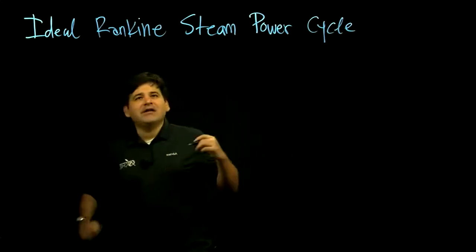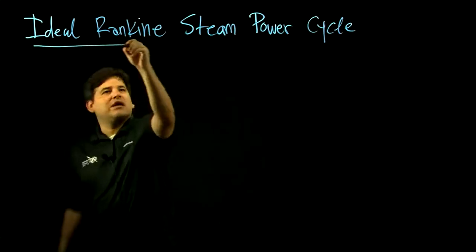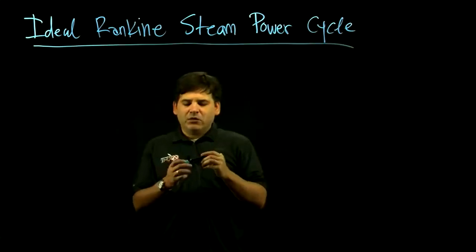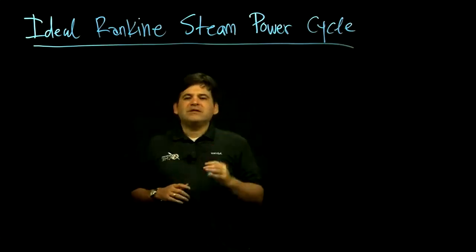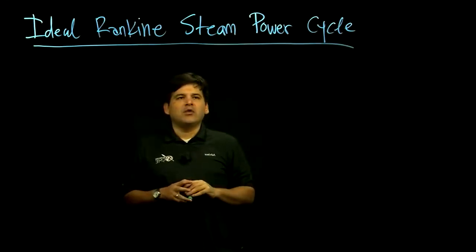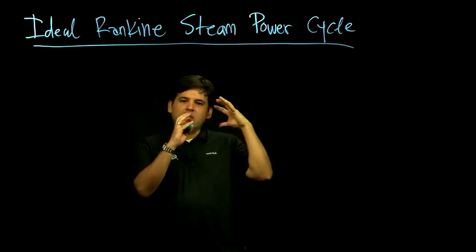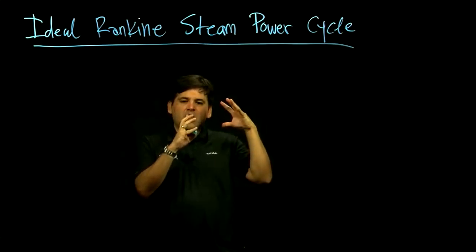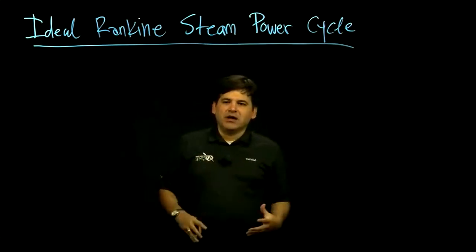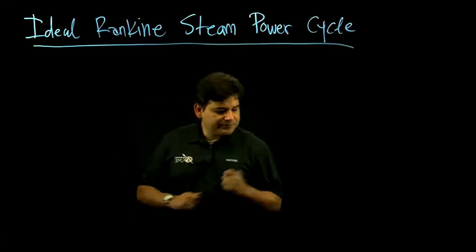Okay, so the ideal Rankine cycle can be applied to many working fluids. Steam is by far the most common one. You boil water, and that high temperature, high pressure, superheated vapor gets fed into a turbine where you can get mechanical work.